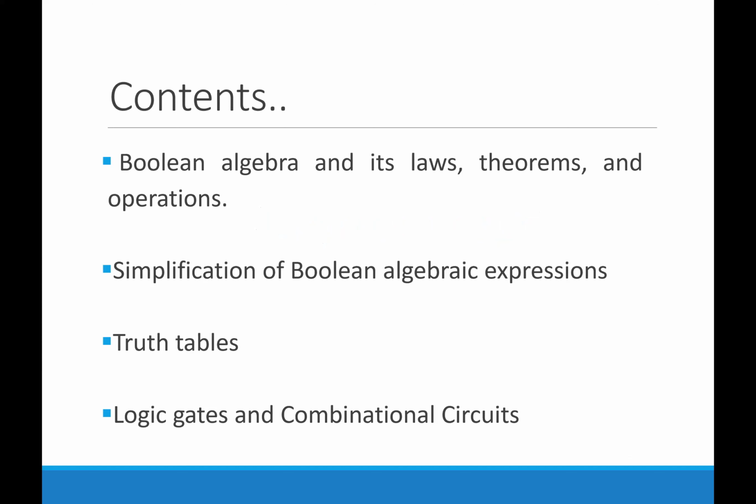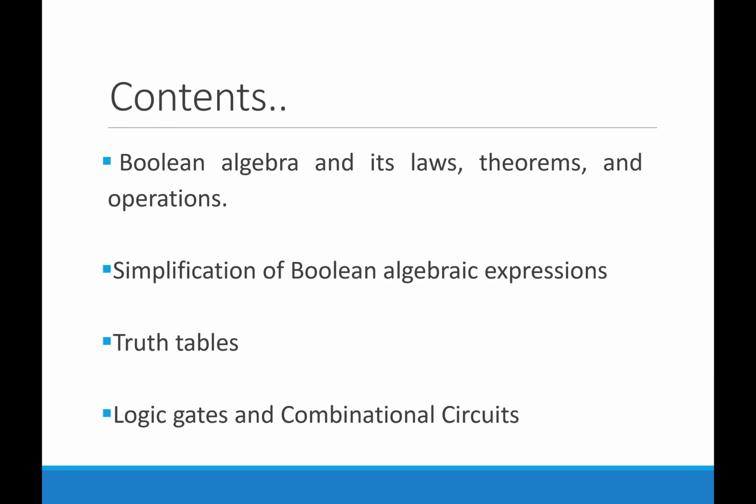In this chapter we are going to learn about Boolean algebra and the laws related to Boolean algebra, and also the theorems and operations of Boolean algebra. Then we will learn about the simplification of Boolean algebra, and also the truth tables, and finally the logic gates and combinational circuits.